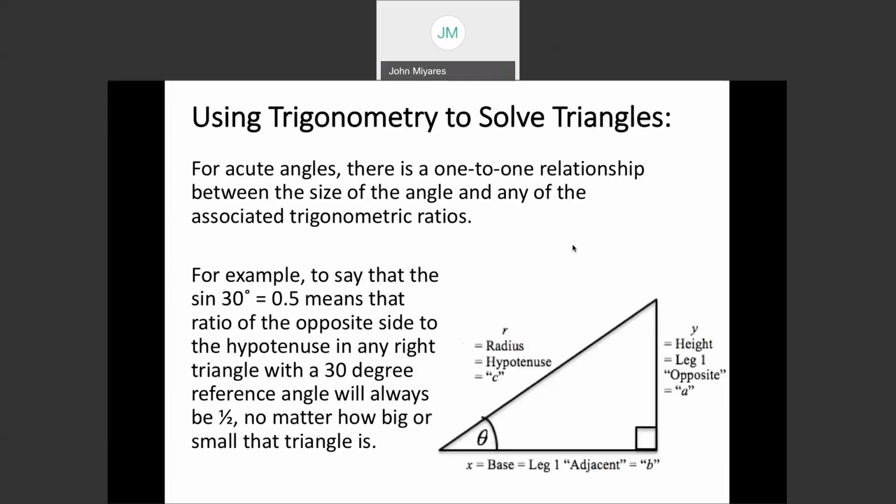So if you were told here that angle theta were 30 degrees and the hypotenuse had a length of 10, then the opposite side, A, would have a length of 5, which would be half of 10. If the hypotenuse had a length of 28 and the angle theta was still 30 degrees, then the opposite side would have a length of 14, which is half of 28, in order to make the ratio of the opposite over the hypotenuse reduce to 1/2.